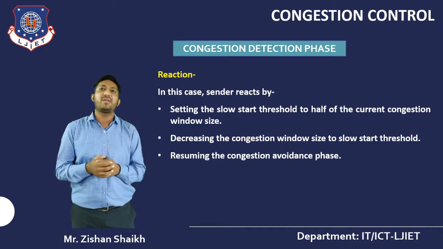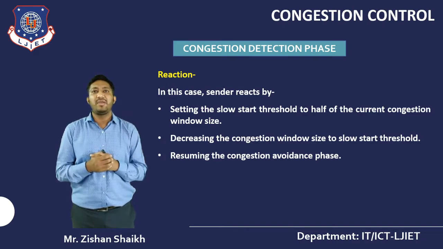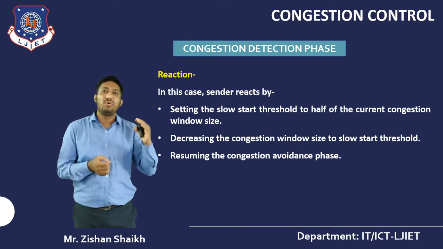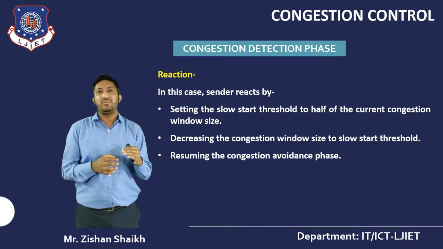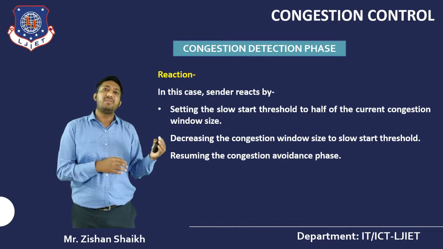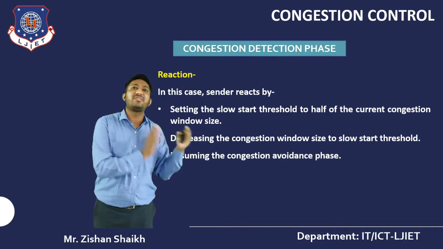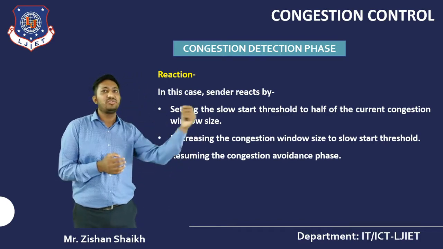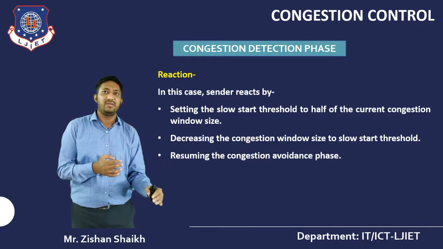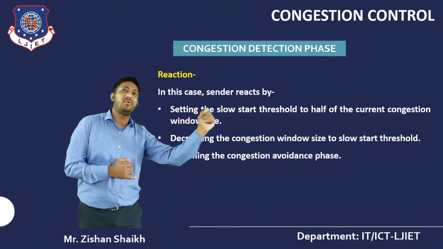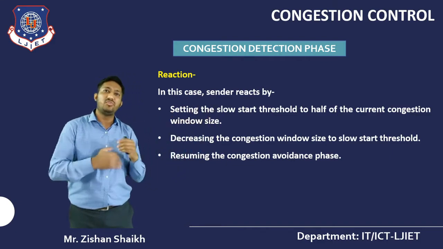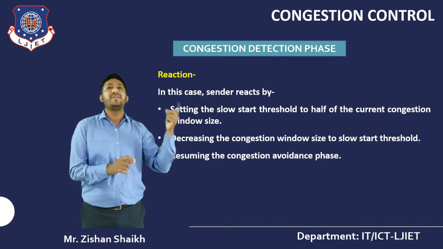So if weaker congestion is detected, the slow start threshold is set to half of the current congestion window, and the congestion window size is decreased to the slow start threshold value. So it does not go back to 1 MSS here. It is marked down to the threshold value, and it resumes the congestion avoidance phase.